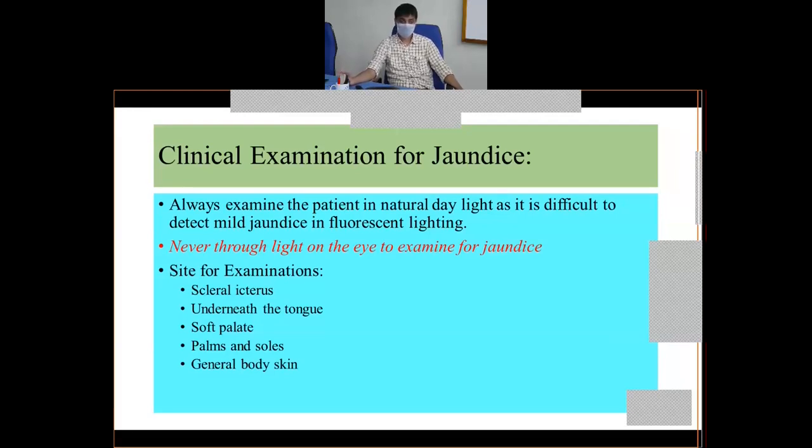That may cause some problem in detecting a mild amount of jaundice, or if you are using this orange light or something, it becomes very difficult to recognize jaundice in the presence of artificial light. So it is always advisable to examine the patient in natural daylight.